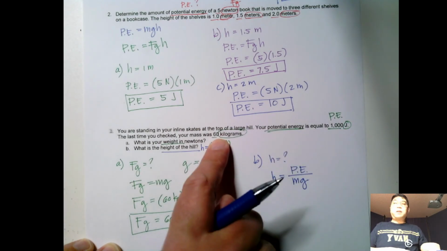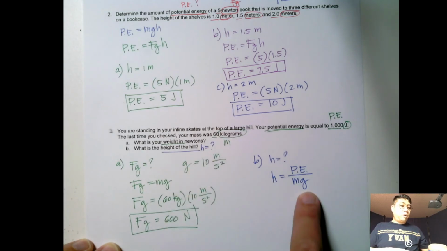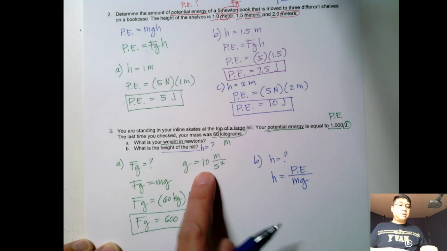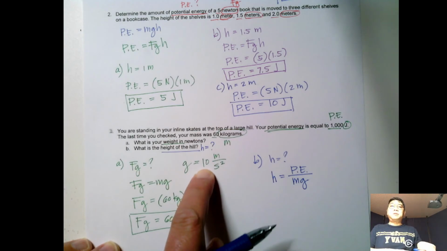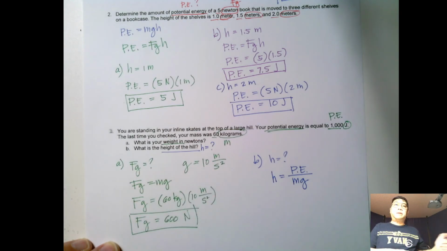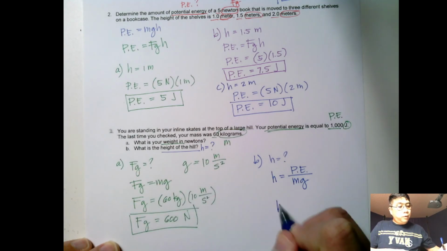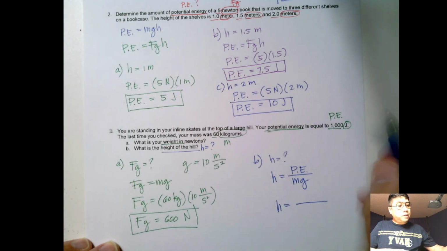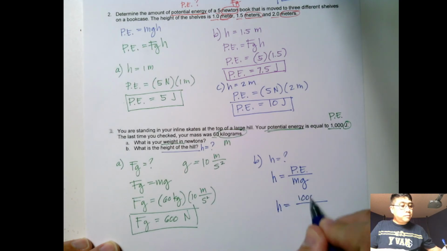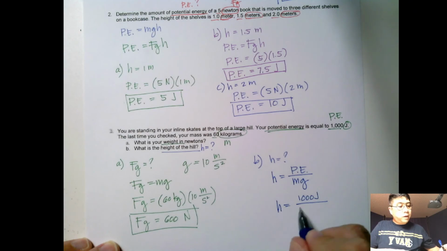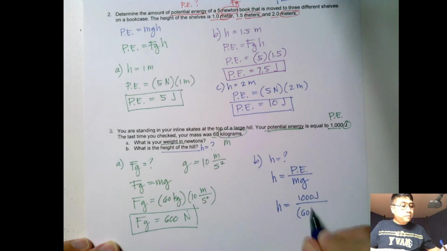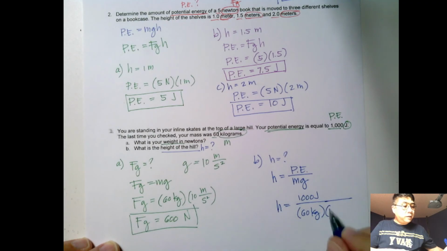Mass is given at 60 kilograms. And we all know that this incident happened on the surface of the Earth, so therefore the acceleration due to gravity will still be 10. Therefore, let's plug in those numbers. Potential energy is 1000 joules divided by mass of 60 kilograms divided by 10 meters per second squared.